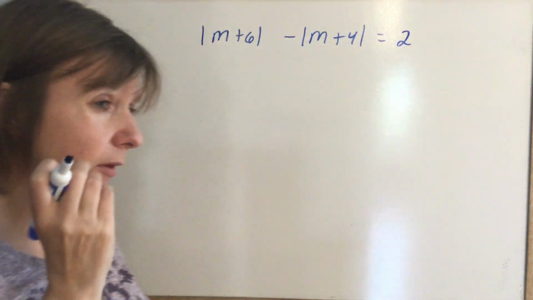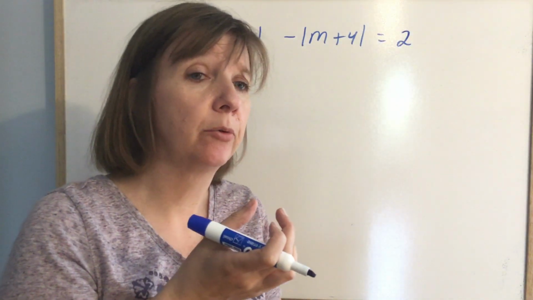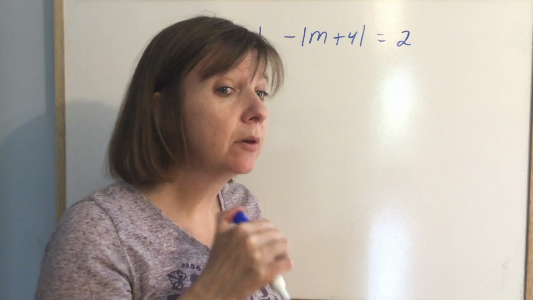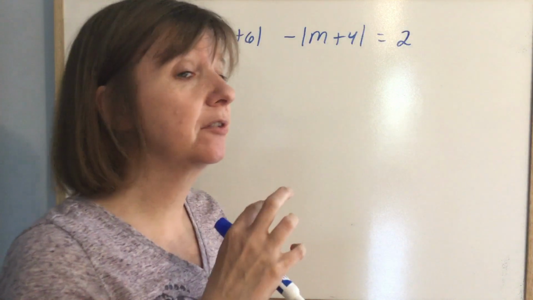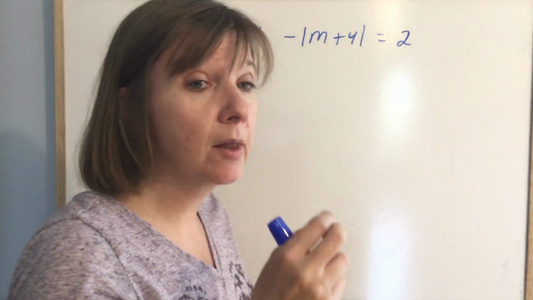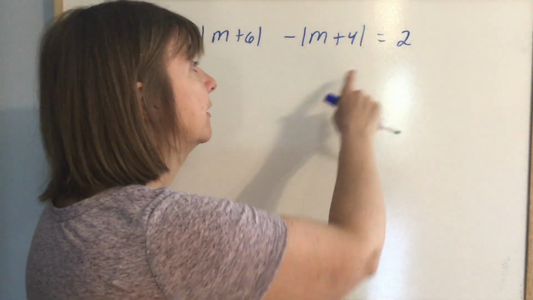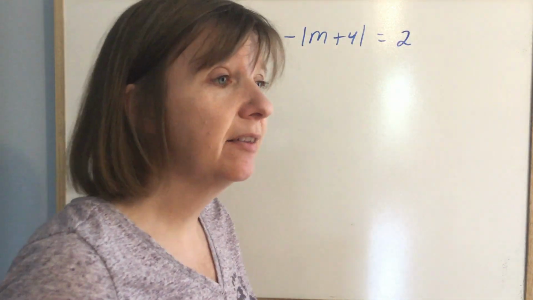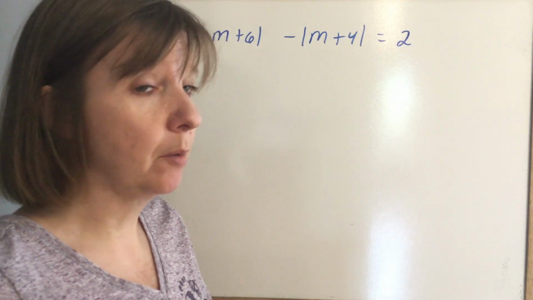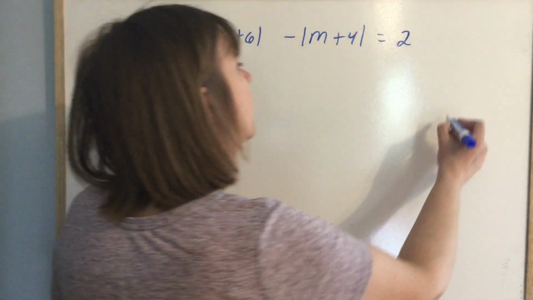Okay? When there are two absolute value signs, I still think of this in terms of a number line, but my answer is still going to be x is equal to. The only reason I think of a number line at all for one that has an equal sign in it is I need to think about what do I make positive and what do I make negative.